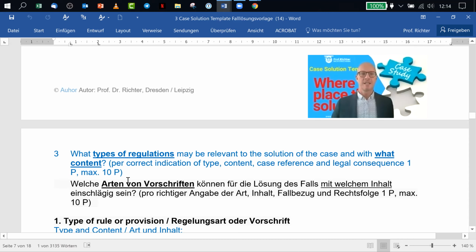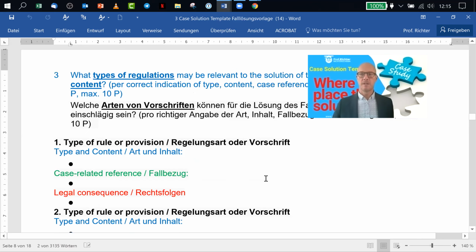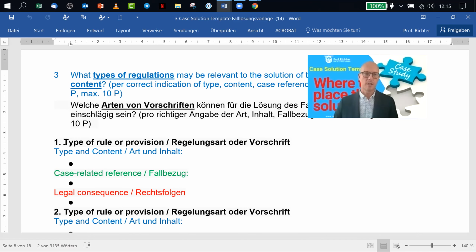So please give me the type of regulation, what's in there, and what the case reference is, and then the legal consequence. So for example, if there's a contract paragraph, please tell me it's a paragraph or regulation in the German civil law, and it says you have to fulfill the contract.